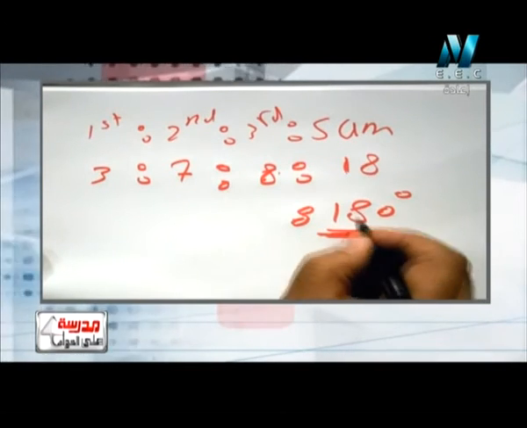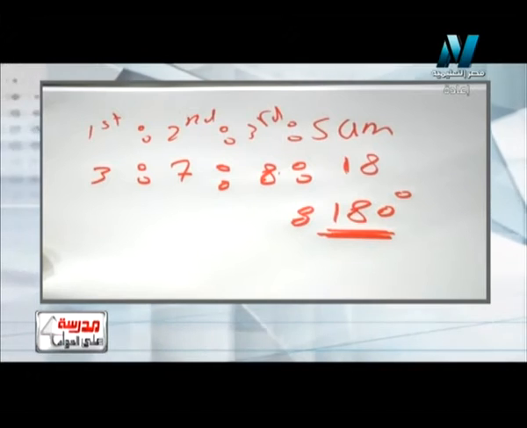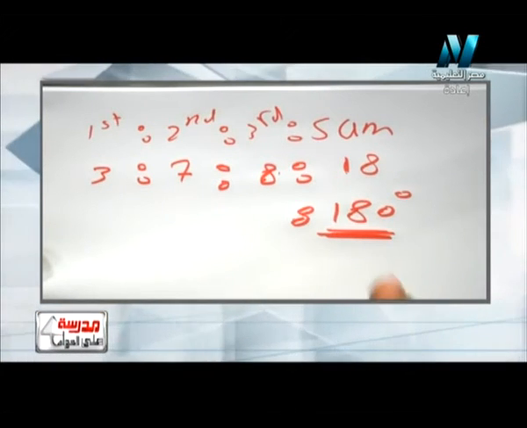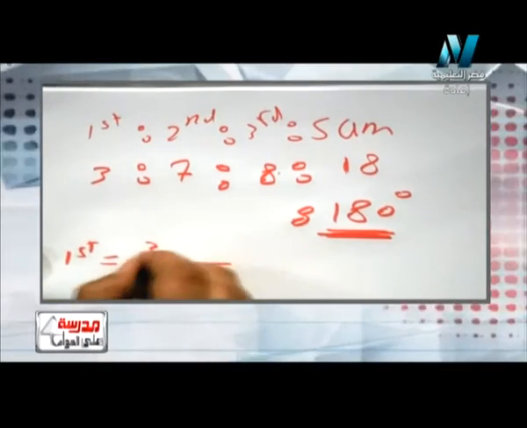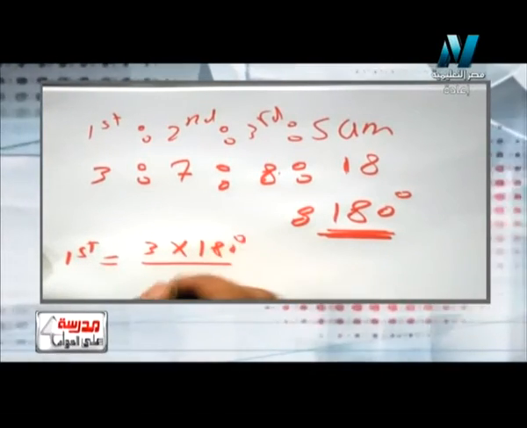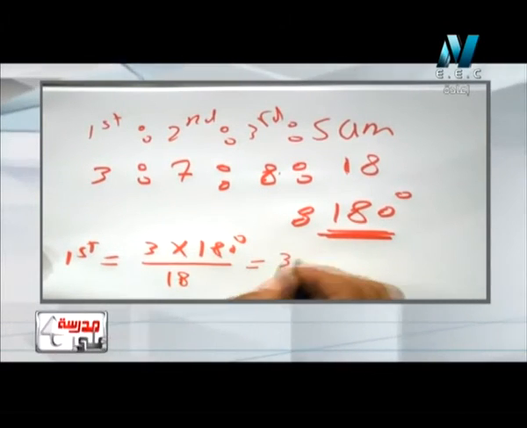We have 180 degrees. Now we can find the measure of the first: 3 times 180 over 18, the result will be 30 degrees.